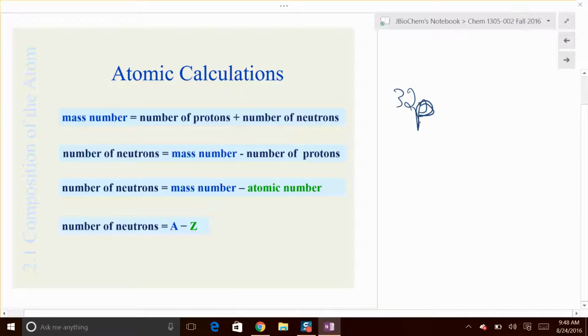So I look over here and I say, oh, 15 here. 15 protons. 17. So 17 neutrons. I have 17 neutrons. So they didn't tell me that the atomic number was 15, but I just had to look there to find it. It's on the periodic table.